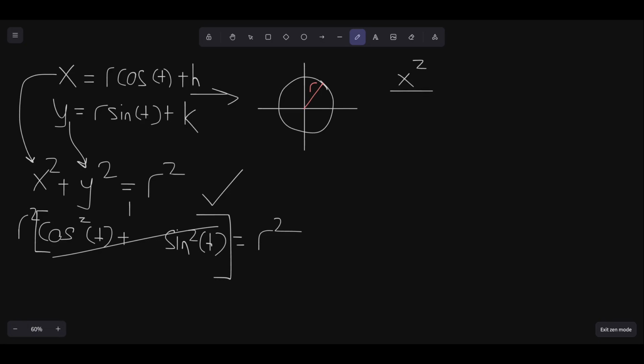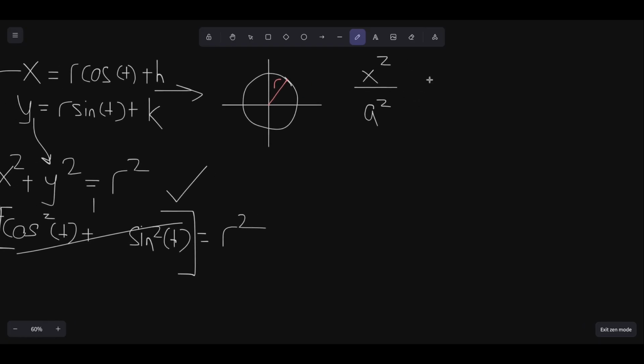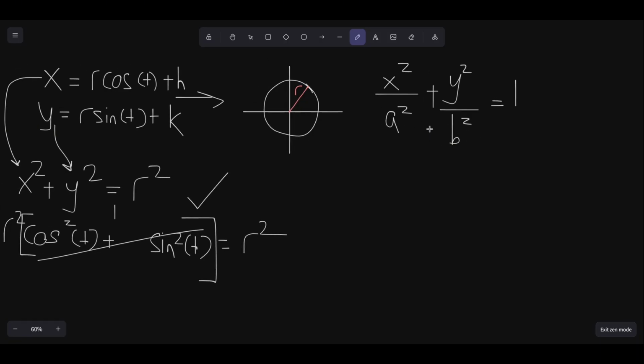But of course, we can easily find out that this generalizes for all ellipses that don't have to be centered at the origin. So you have x squared divided by a squared plus y squared over b squared is equal to 1. And you can think about a squared and b squared as the respective radius for that specific axis.